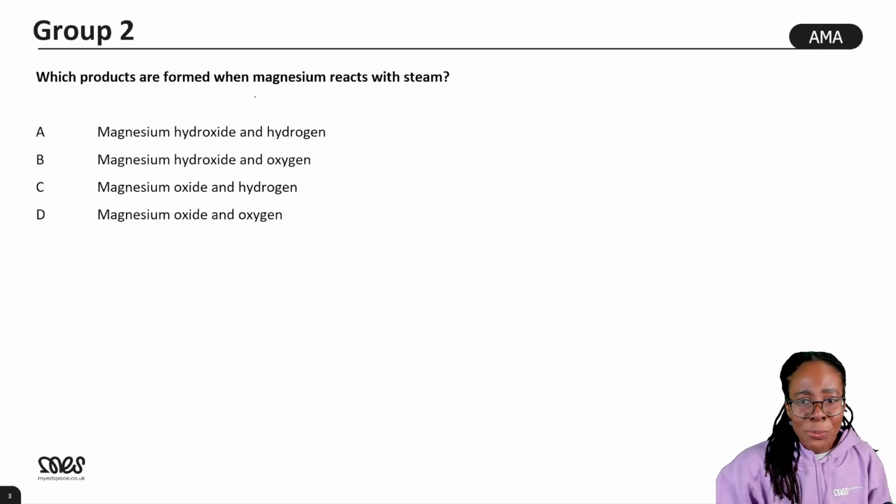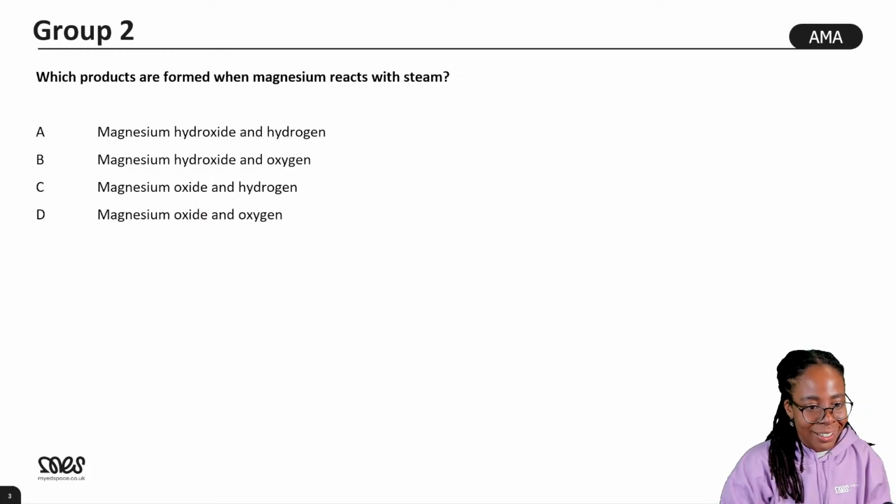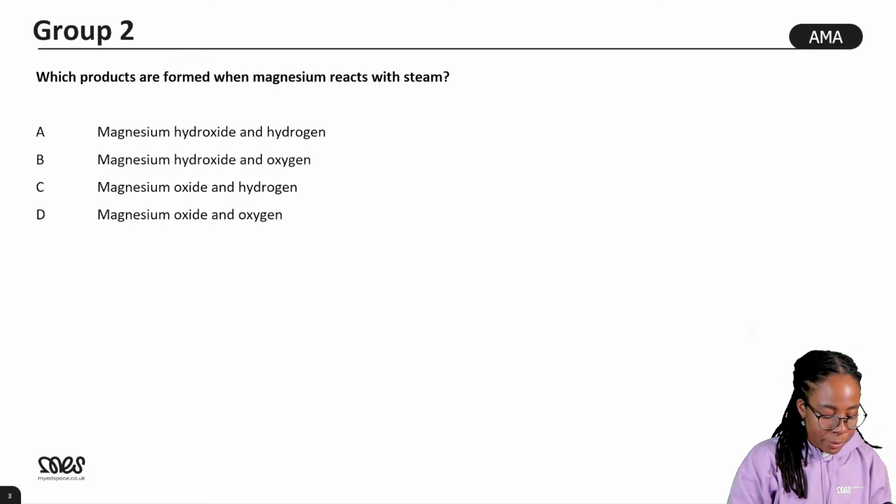Okay. Which products are formed when magnesium reacts with steam? So remember, magnesium is our exception, right? Typically, group 2 metals will react just with cold water.